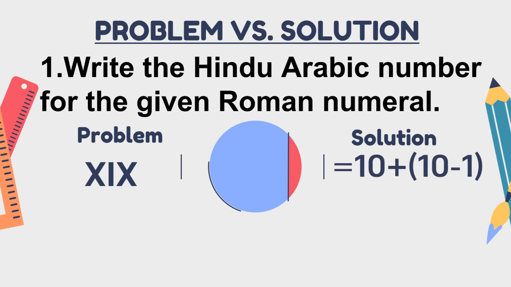Write the value of X as 10 first. Then subtract 10 minus 1 according to rule 2 discussed earlier. So after adding them, we get 10 plus 9, that is equal to 19. So the Hindu Arabic number for the given Roman numeral is 19.